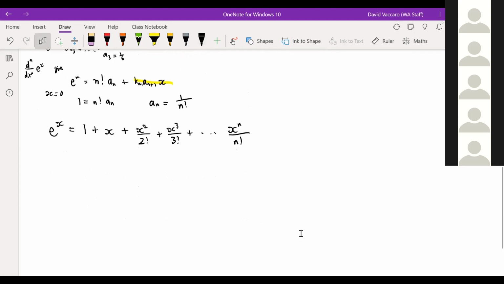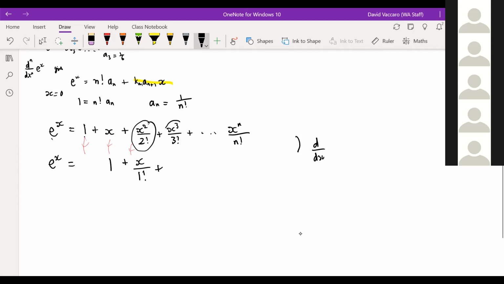Now let's do something interesting. Let's differentiate. If we differentiate e to the x, we get e to the x. What happens if I differentiate 1? It differentiates to 0. What happens if I differentiate x? It differentiates to 1. What happens if I differentiate x squared over 2? I pick up a factor of 2, which cancels with the 2 from the 2 factorial, and I get x over now 1 factorial.